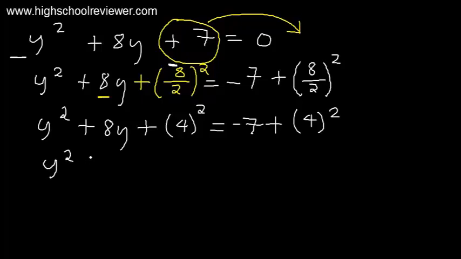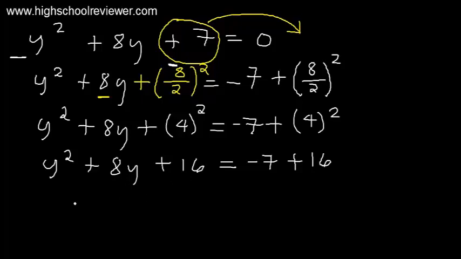Y squared plus 8y plus 4 raised to the power of 2, which is 16, equals negative 7 plus 16. Y squared plus 8y plus 16.